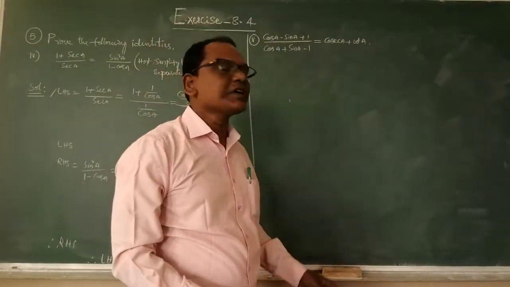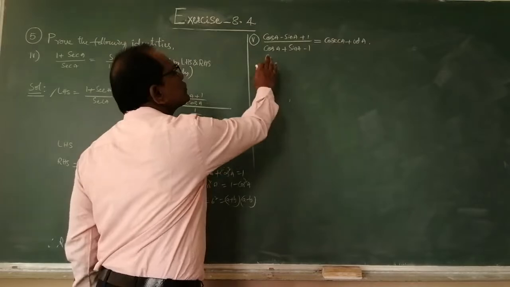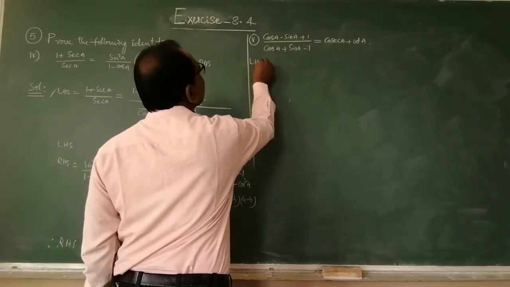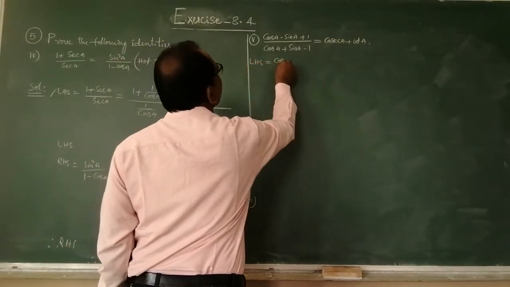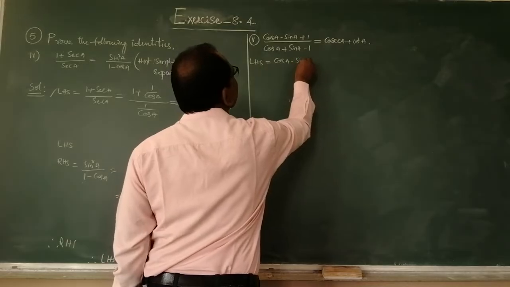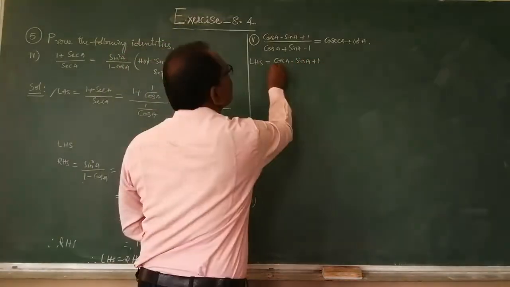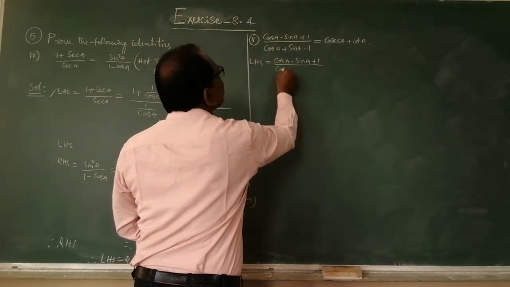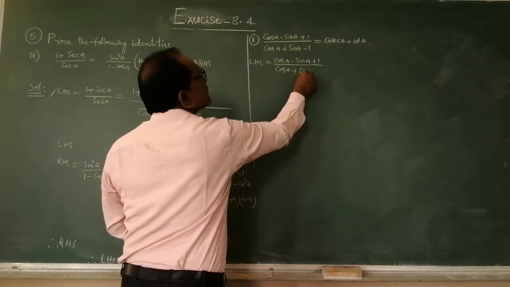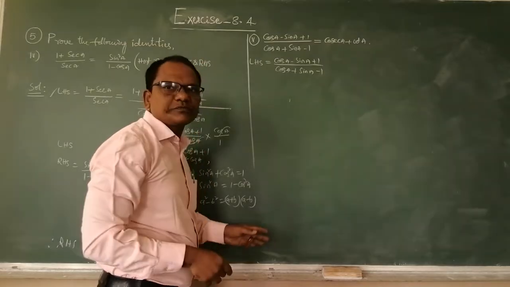So children, look here now. LHS equals (cos A minus sin A plus 1) by (cos A plus sin A minus 1).